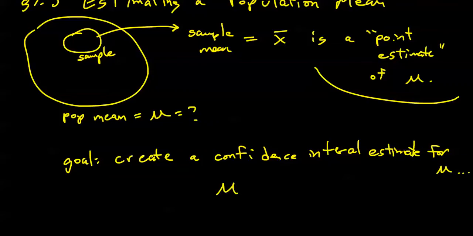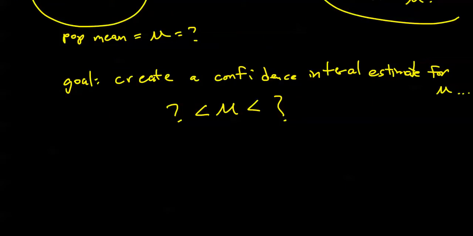Again, our goal is to come up with an interval, a bounded region of real values, which hopefully will contain mu, at least with some probability or some known level of confidence. All right?